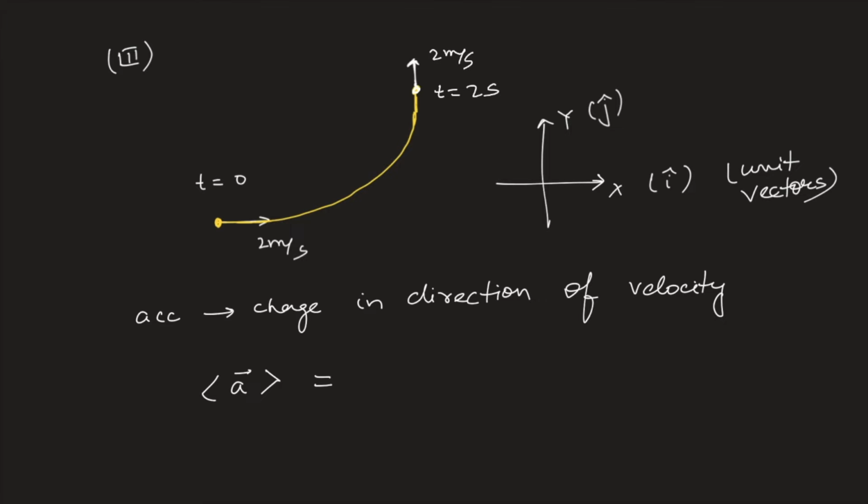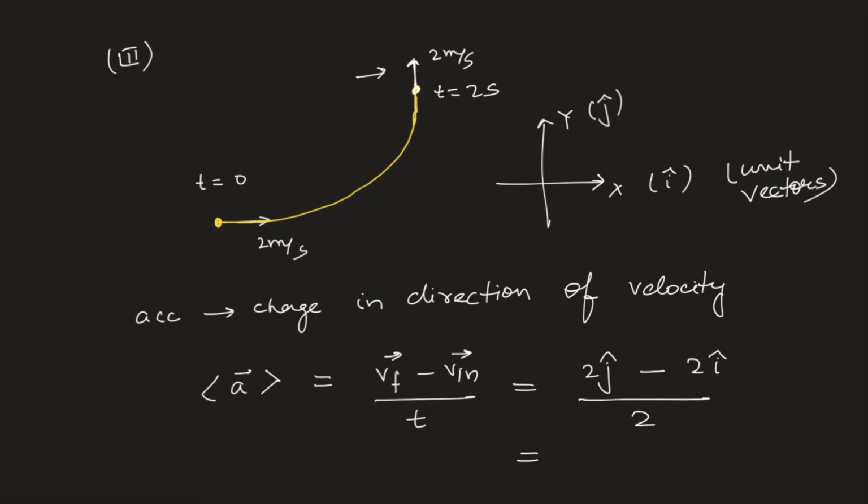So acceleration is going to be equal to final velocity minus initial velocity. It's funny that you see I'm using the same formula every time. The formula for average acceleration does not change, but the way to represent it does. The final velocity can be written as 2j cap because it is along y-axis, and initial velocity would be written as 2i cap because it was along x-axis, as you can see here, and divided by the time, that was 2 seconds.